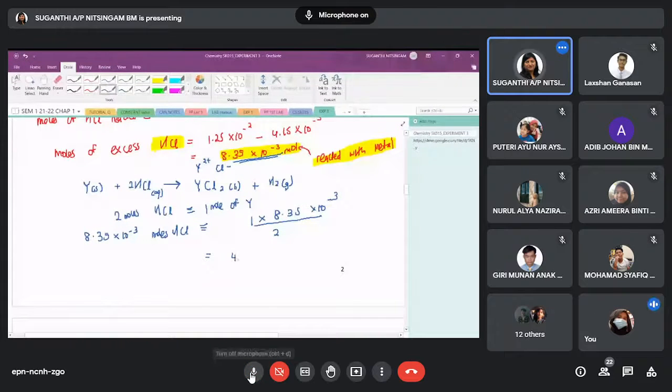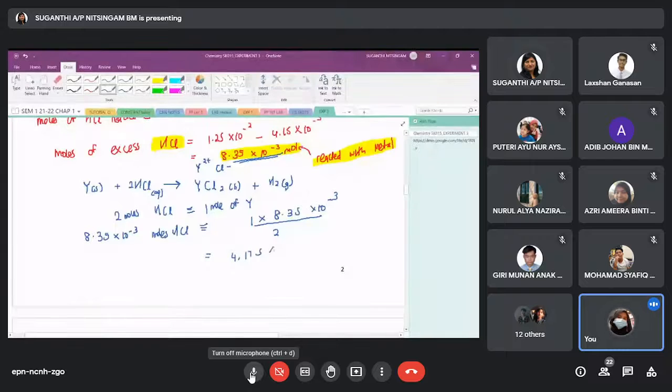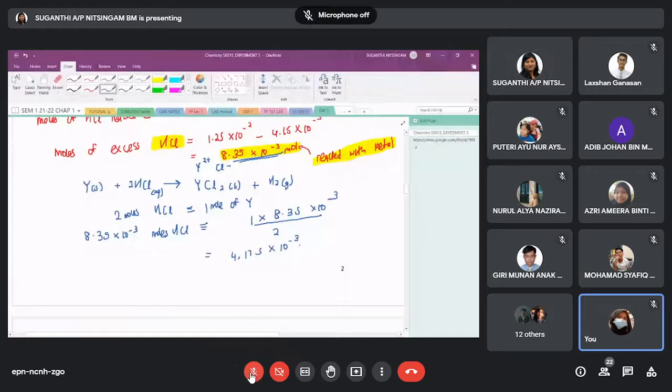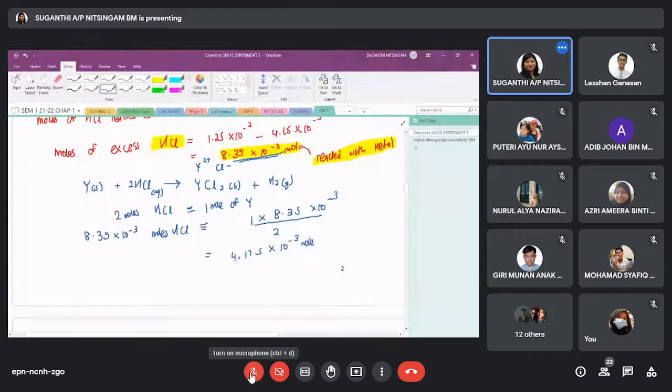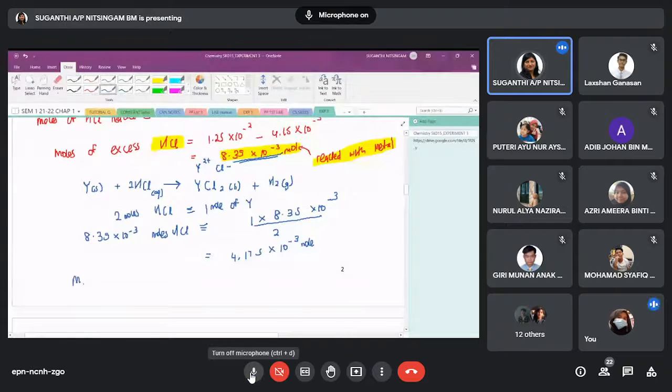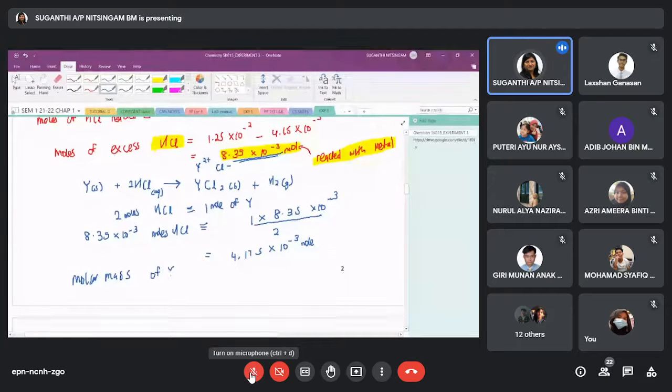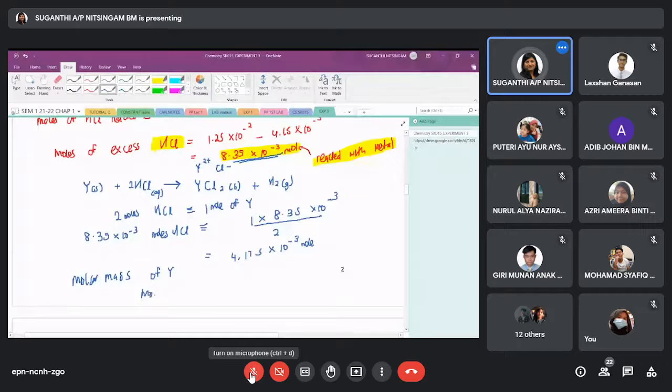4.1 times 10 negative 3 kan? Mol. Okay. Sekarang, dia nak kamu cari apa? Molar mass. Molar mass of Y. So you know, mol sama dengan mass bahagi molar mass.